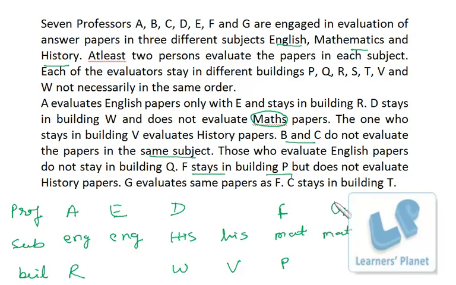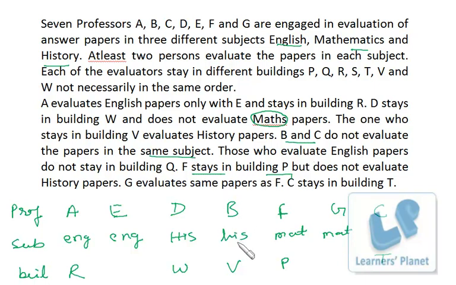So we have the CT combination, so we make a new column, C and T combination. Now we are left with only B vacant, so I put up this as B. Then it is given that B and C do not evaluate the paper in same subject.